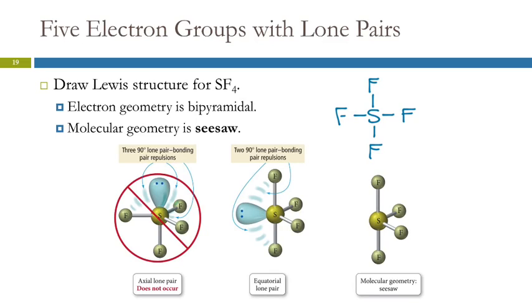And how many valence electrons? 4 times 7 is 28, right? And sulfur has 6, so 34. We've got 2, 4, 6, 8, 10, 12, 14, 16, 18, 20, 22, 24, 26, 28, 30, 32. I have 2 more electrons I need to stick on there.